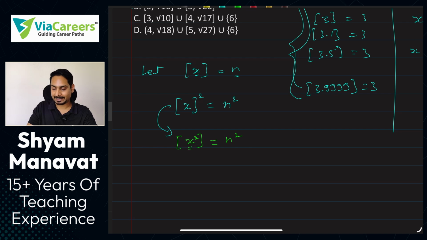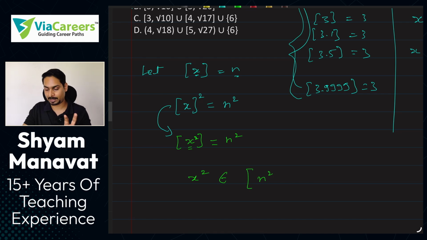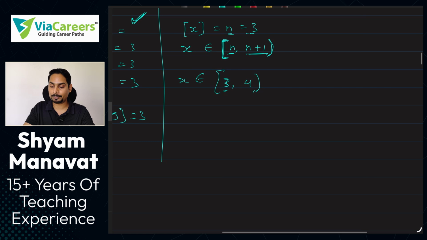Now, what does it mean? It means that x square belongs to any value from n square to n square plus 1, where n square plus 1 is not included. N is an integer, okay? But x can be a floating value. Floating मतलब decimal भी हो सकता है वो. जैसे यहाँ पे हमने बोला up to 4.